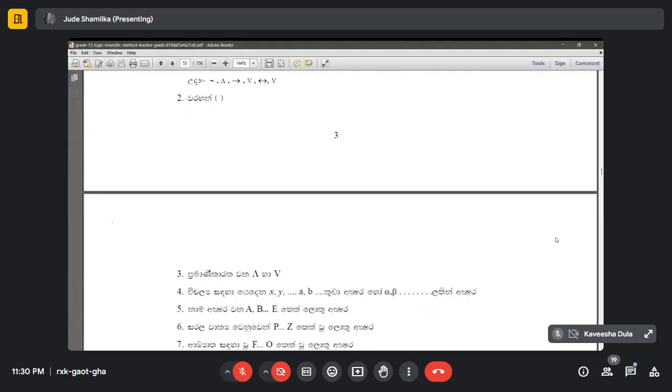Those quantifiers are represented in a different way here, but the first one that appears here is all, which represents for all. In order to show that, we use this first sign here. Okay, the first one, this one. But the standard form that we use is actually something else.